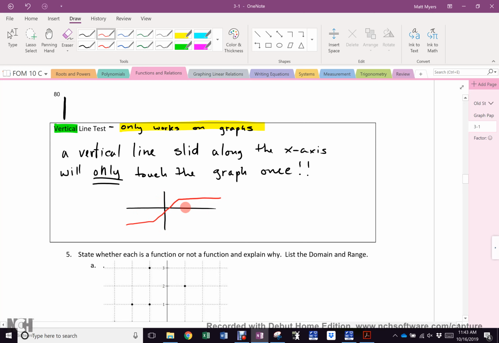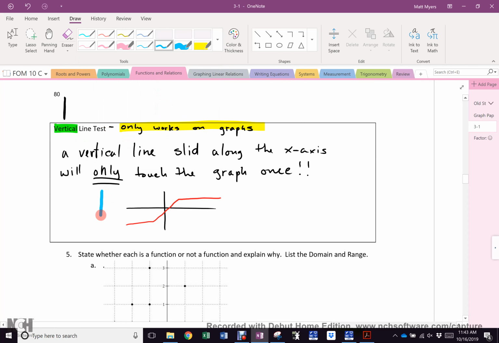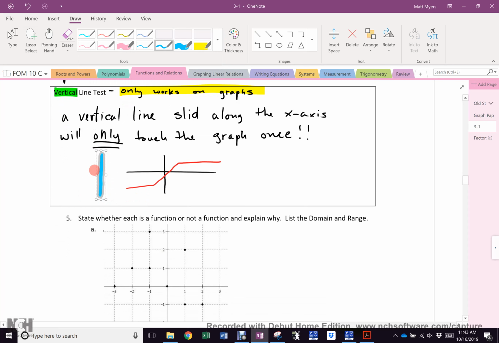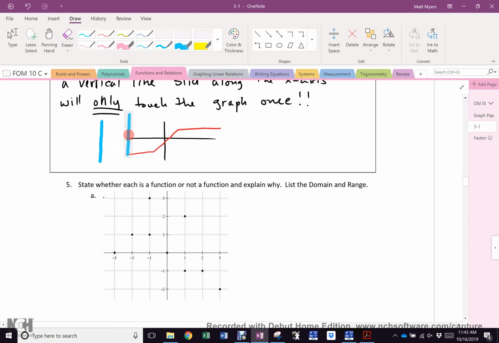So there's my line on the graph, the red line. Now, I'm going to take a vertical line, and I'm going to make that vertical line a contrasting color, light blue. And I'm going to slide that vertical line along the x-axis. Stop. How many times does it hit the red line at any moment?